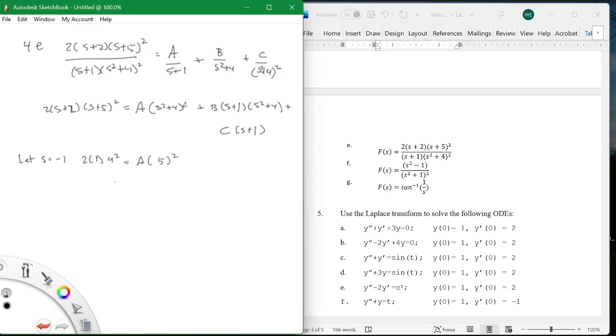Okay. What is a? So 2 times 16, 32, is equal to 32 over 25, right?